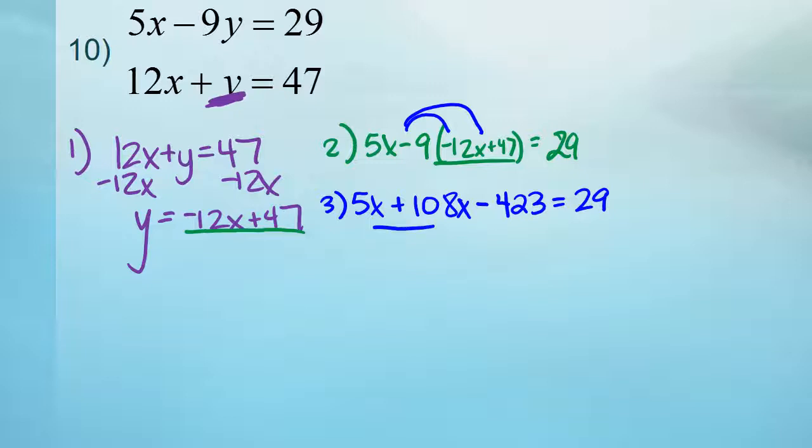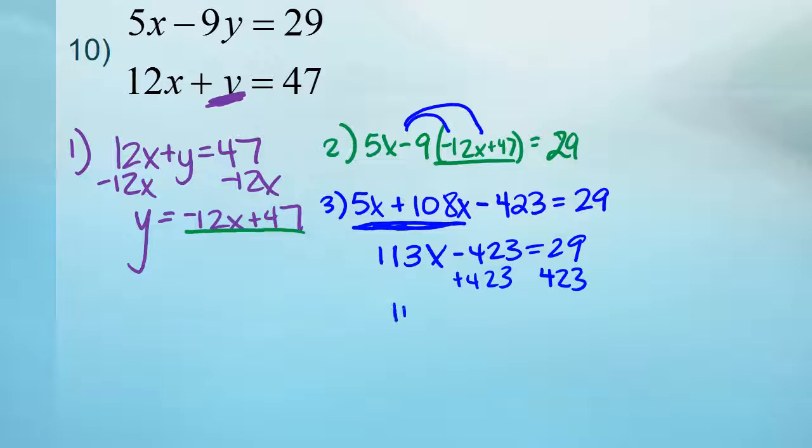I'm going to combine like terms first. So I end up with 113x minus the 423 equals the 29. Next, I want to add 423 to the other side. So 423 plus 29 is 452.